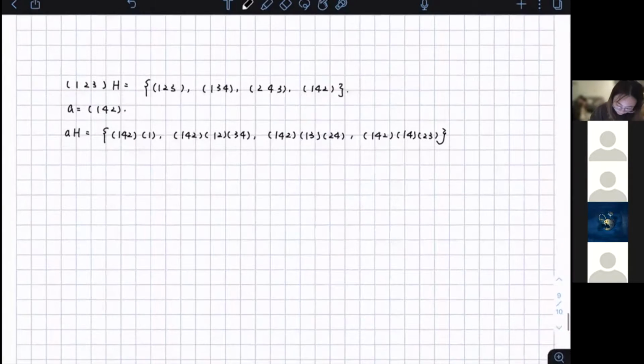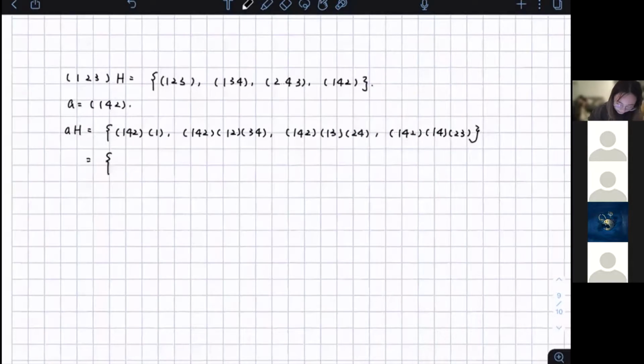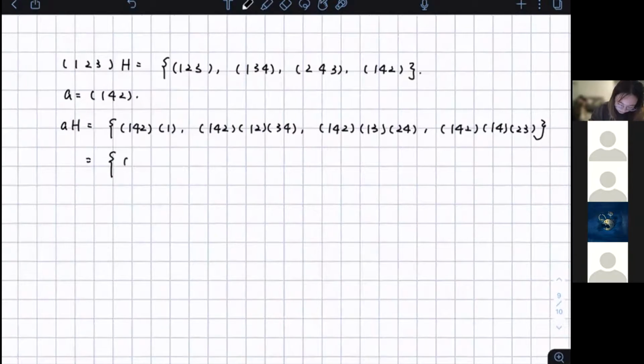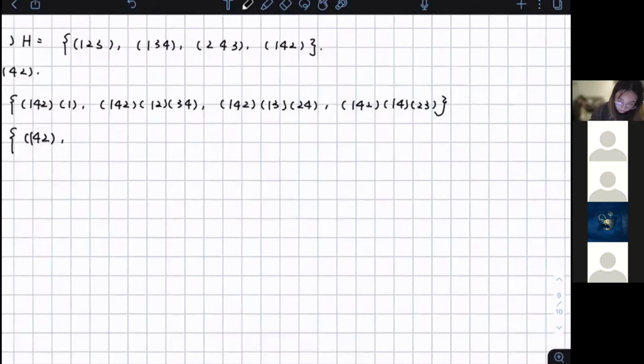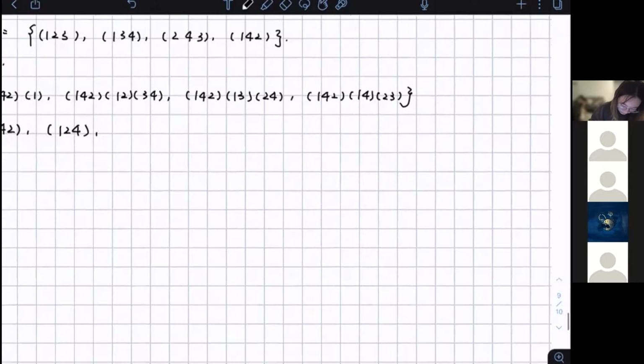So if you search for the Cayley table of A4 online, you can get that (1 4 2) is still (1 4 2) in this case. And (1 4 2) with the set (1 2 3) is then (1 2 4).